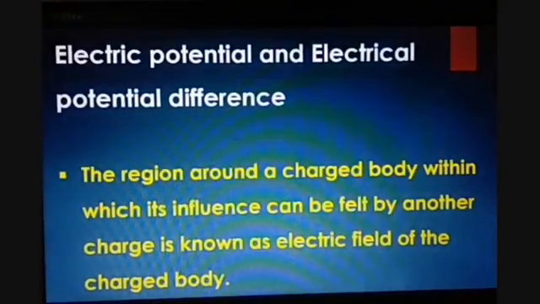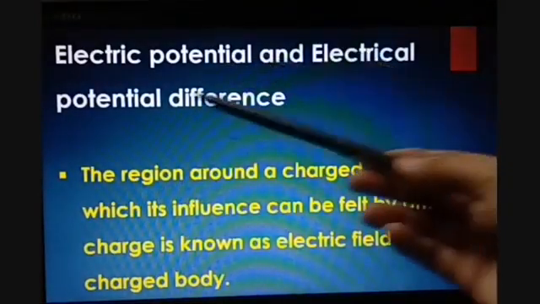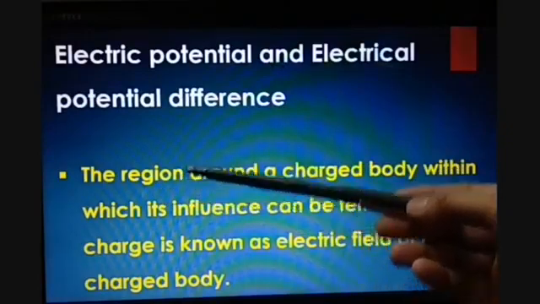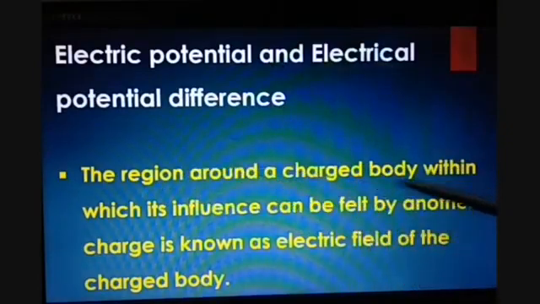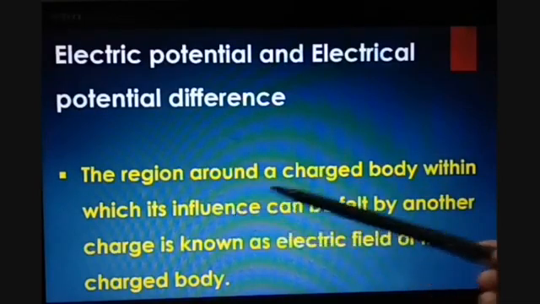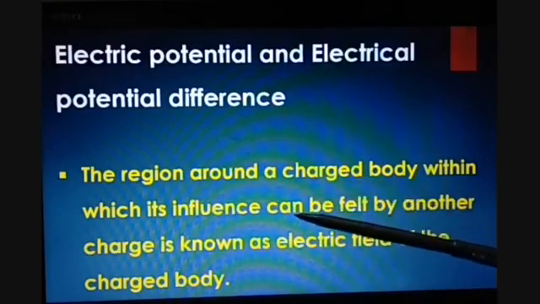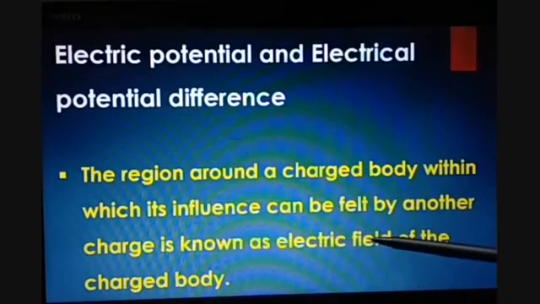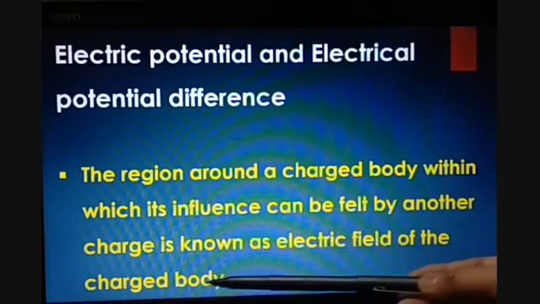Now, electric potential and electrical potential difference. The region around a charged body within which its influence can be felt by another charge is known as the electric field of the charged body.